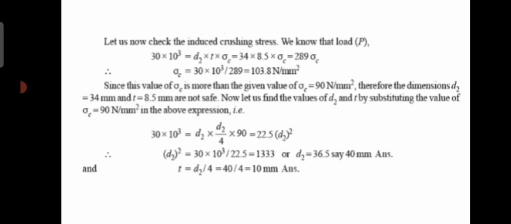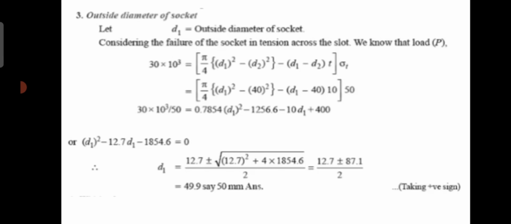From this equation we can find d2 equal to 36.5, so we may say 40 millimeter. Small t equal to d2 by 4 equal to 40 divided by 4, that is 10 millimeter. Then the outside diameter of the socket, d1.